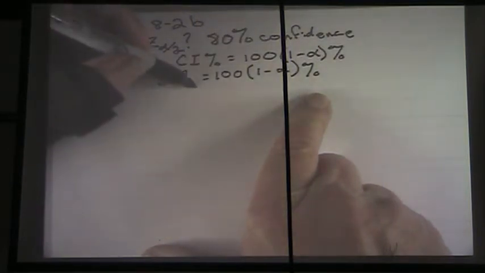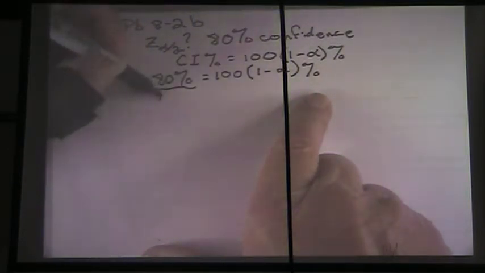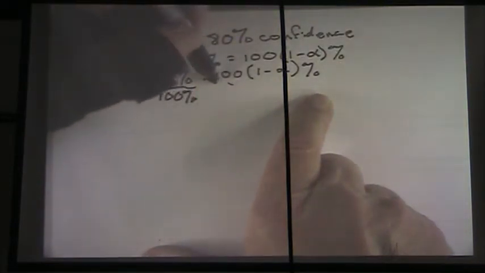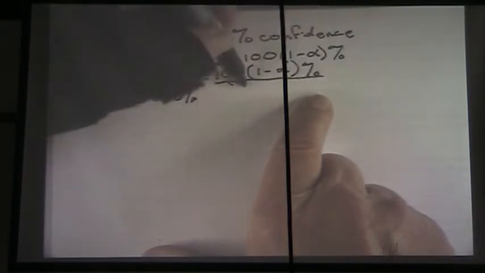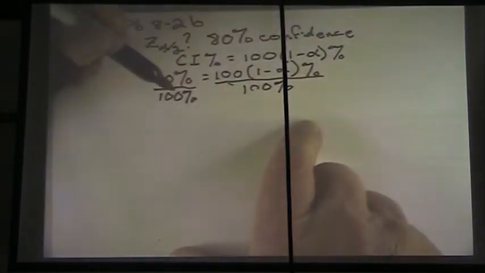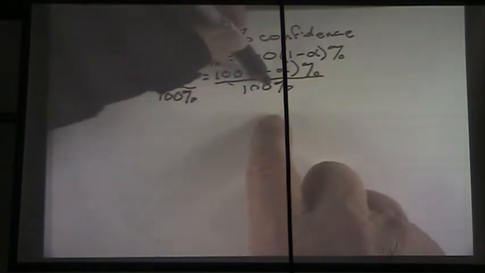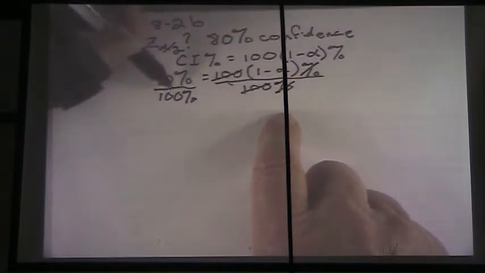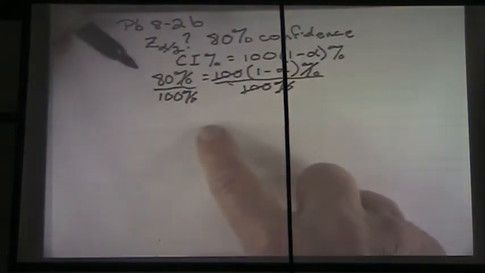I am going to divide both sides through by 100%. That means that these become 1, these drop out, and we have 80 divided by 100.